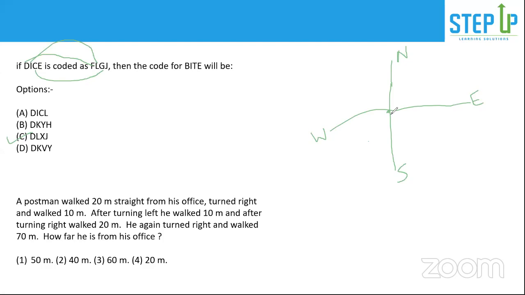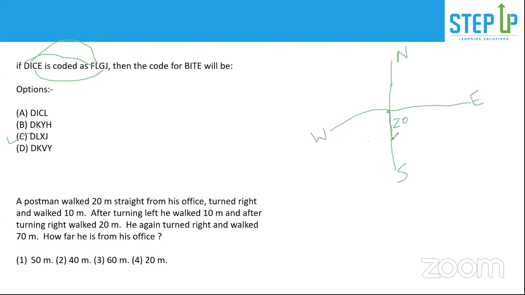I'll assume here. So he started walking 20 meters from his office. Let's say this is the office, and 20 meters straight is this side. This guy walked 20 meters here. Now he says he turned right and walked 10 meters.